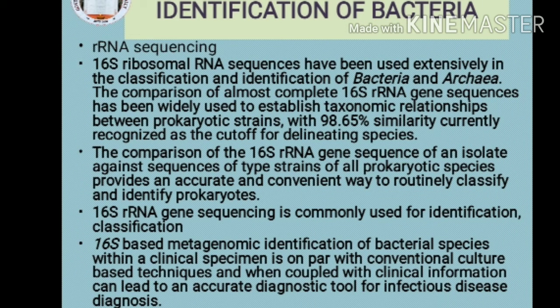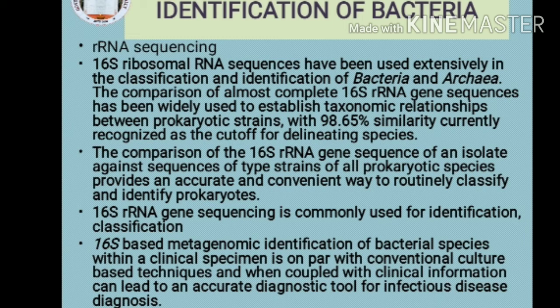Ribosomal RNA sequencing. 16S ribosomal RNA sequences have been extensively used in classification and identification of prokaryotes, bacteria and archaea. The comparison of almost complete 16S ribosomal RNA gene sequences has been widely used to establish even taxonomic relationships between prokaryotic strains. 98.65% similarity is currently recognized as the cutoff for delineating species.